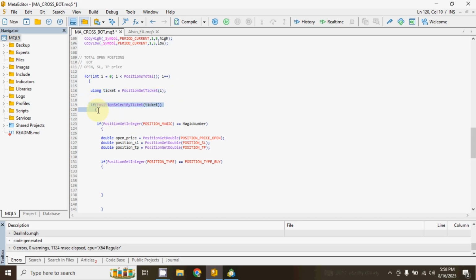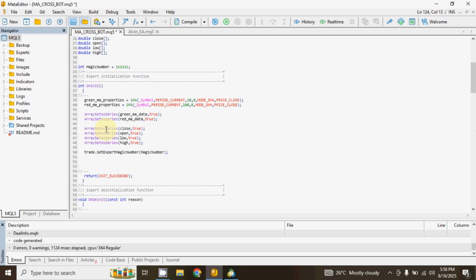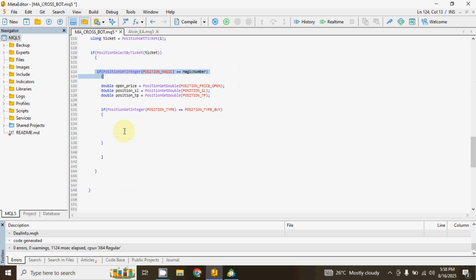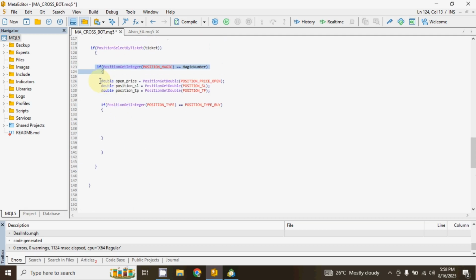Now, after selecting the tickets, the bot should check the magic number of each position and check if it is the same as the magic number that we attach to every trade taken by the bot. After it confirms that, it should get the open price, stop loss, and take profit of all the positions, because we'll be using them in our conditions.